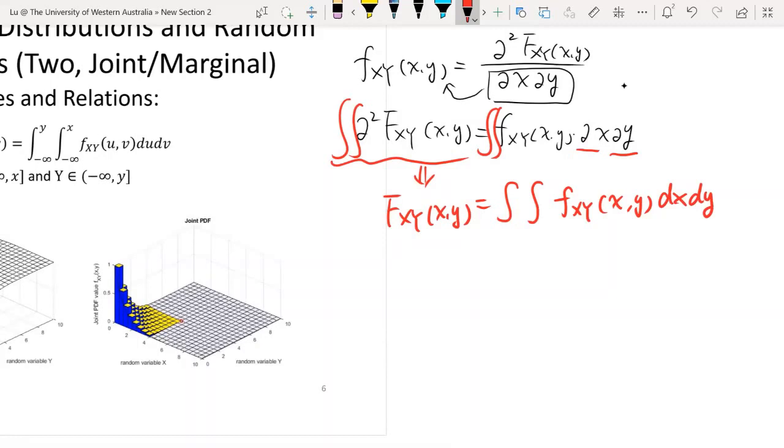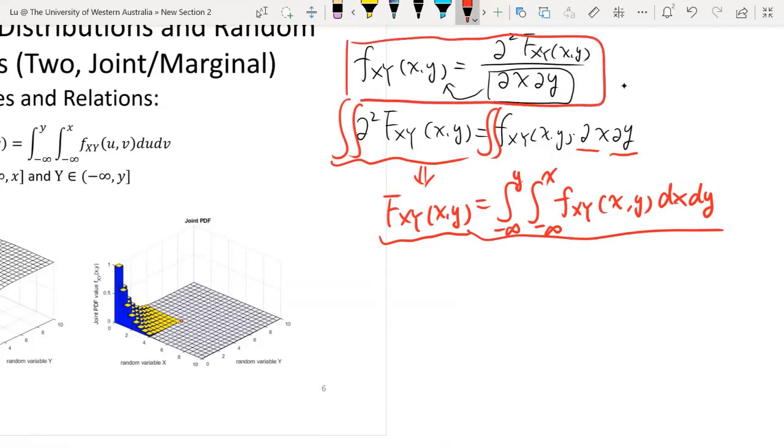Regarding the boundaries of the integration, because we are evaluating the CDF of the function, the lower boundary for both integrals should start from negative infinity, and go up to the given x value and the given y value. So this relationship comes from the definition of the joint PDF, which is why I said deriving this one should be easy mathematically.